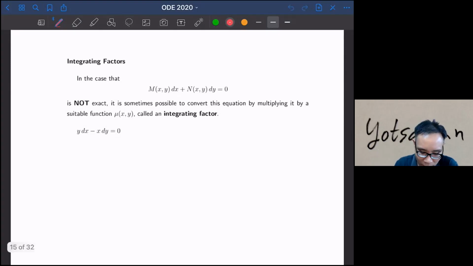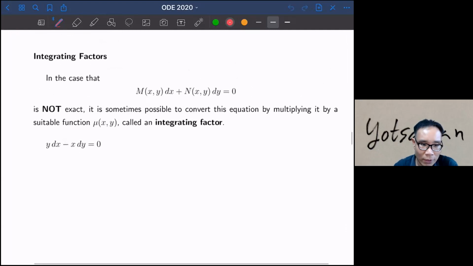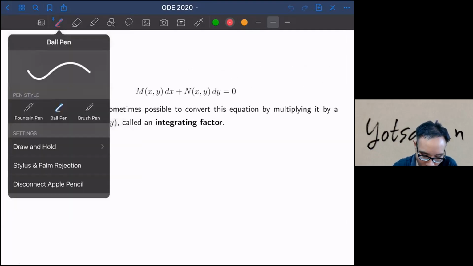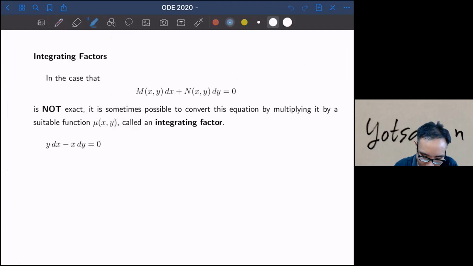However, look at the first equation here: y dx minus x dy equal to 0. If you have M and N, then M equals y and N equals negative x.